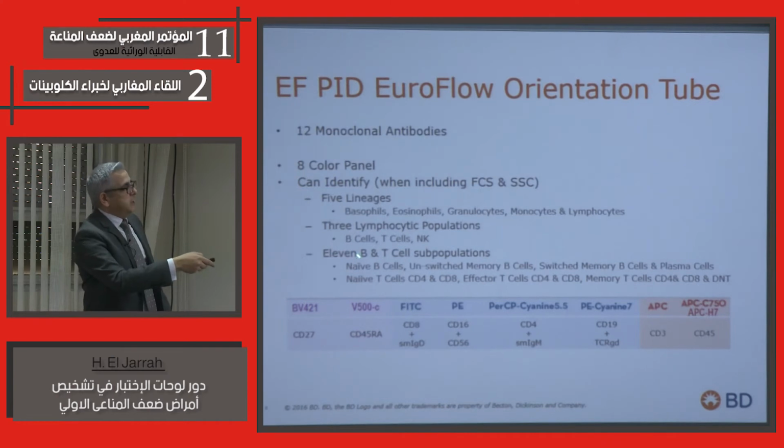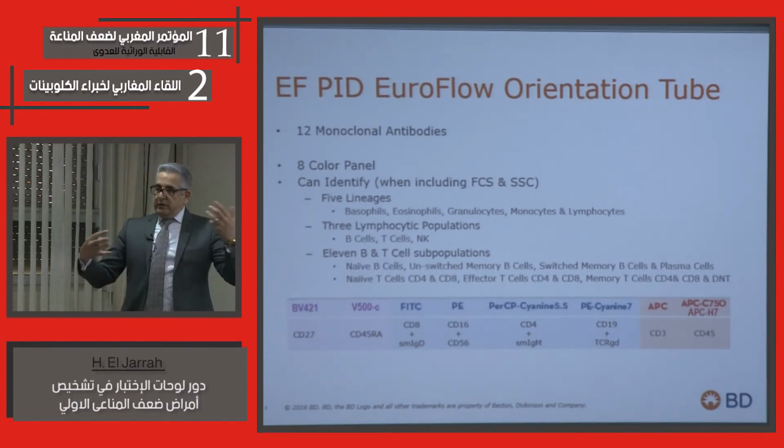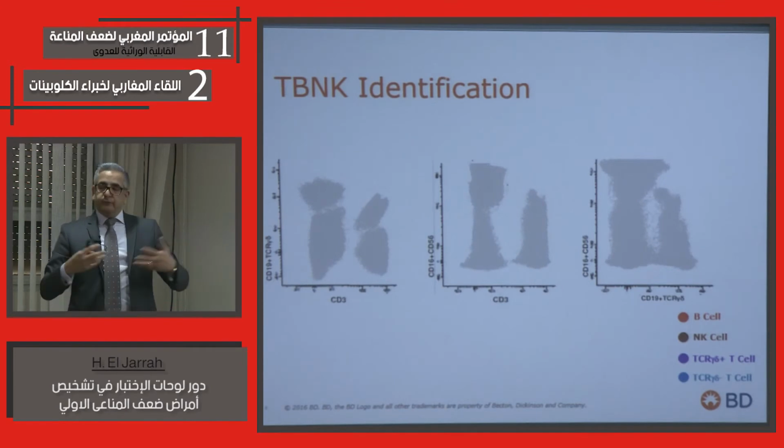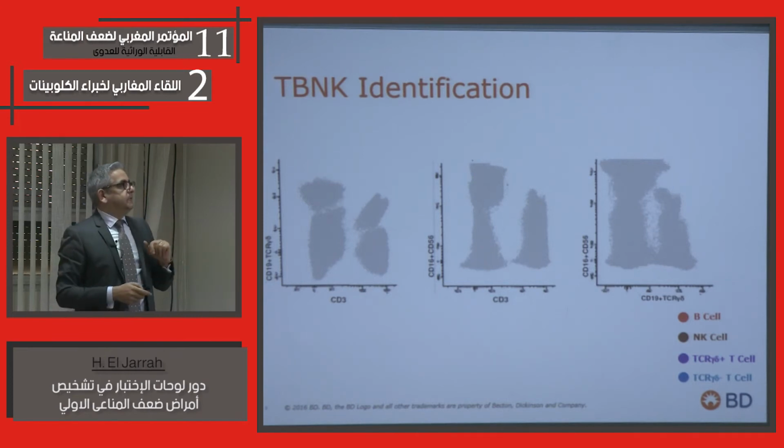And we can identify naive B cells, unswitched, switched because of IgM, IgD plus CD27 as well. So as you see, there is a lot of data that can be concluded from this single tube.